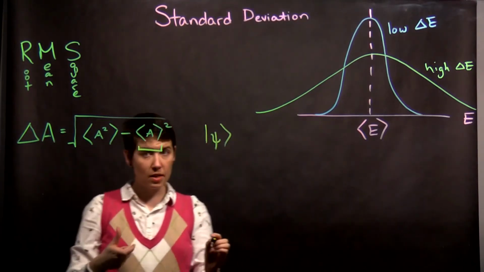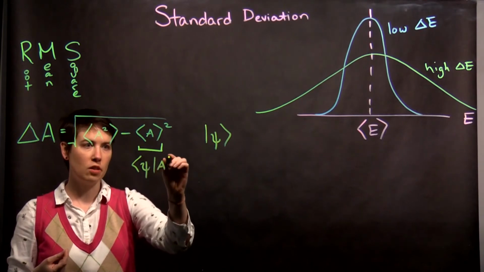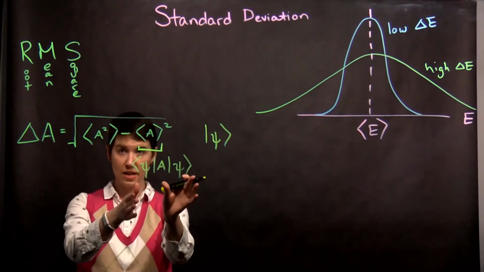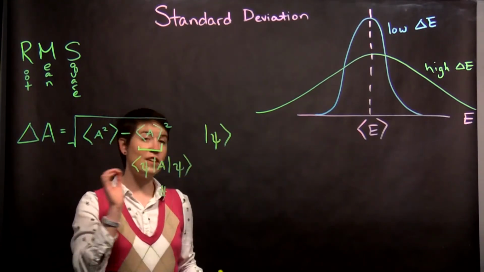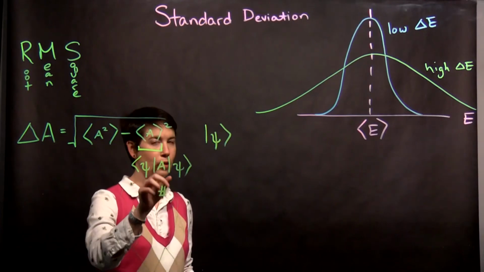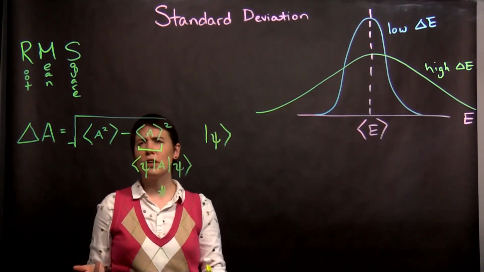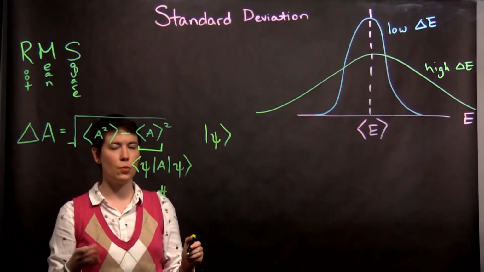So when I say a system, we need to be talking about a specific state. When I write this, remember this is the expectation value, which we can calculate for a specific state this way. We're then taking this, which will be some scalar number, and if it's an observable, it will be a real number, and then we square it. Okay, what's this term? You might go, oh man, let me just pull the square outside. That is absolutely not how this works.